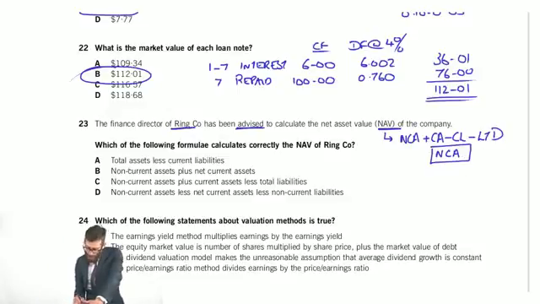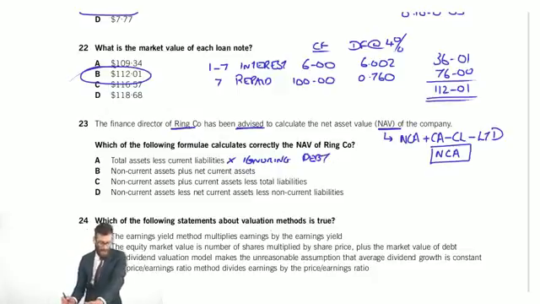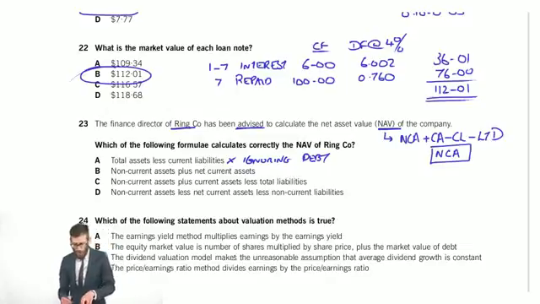Well, here, total assets would be non-current assets plus current assets. Minus current liabilities is not the correct answer because it's ignoring long-term debt. So it cannot be that answer. Non-current assets plus net current assets is wrong because of the same reason.